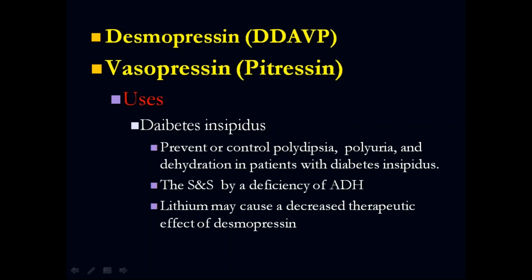Lithium may decrease the effect of the vasopressin. So again, for OCD, the obsessive compulsive disorder, we are going to use lithium, and that can decrease the effect of the desmopressin.